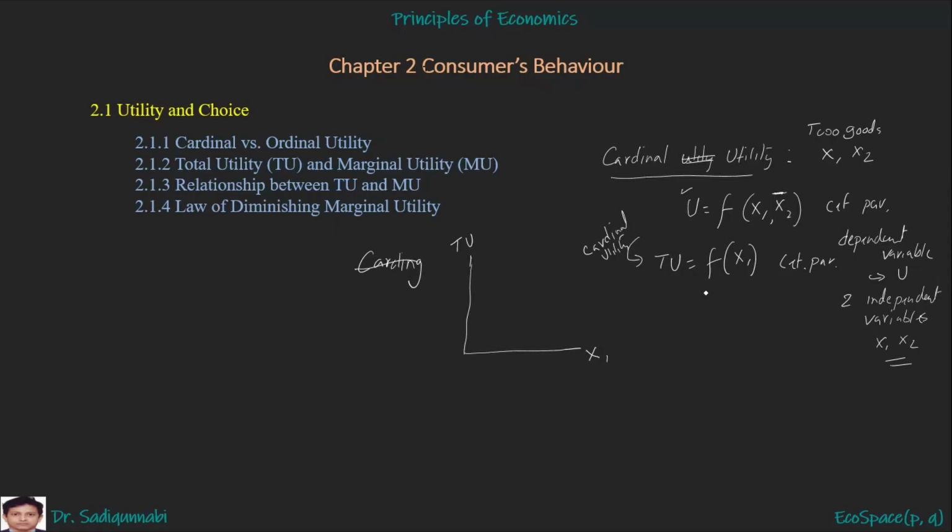Okay. So when we increase consumption of good x1, total utility also increases, but this increment is at a decreasing rate because of the law of diminishing marginal utility. So this is actually cardinal utility, one good at a time, and then we draw the function like this.